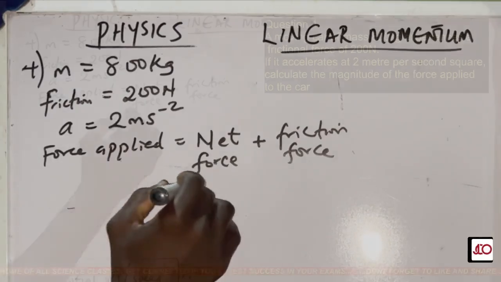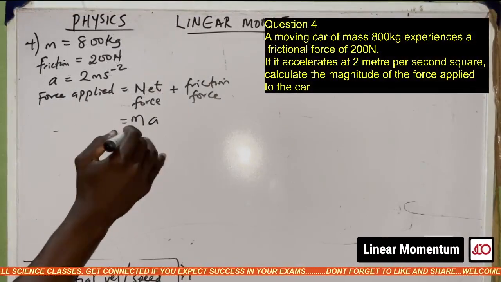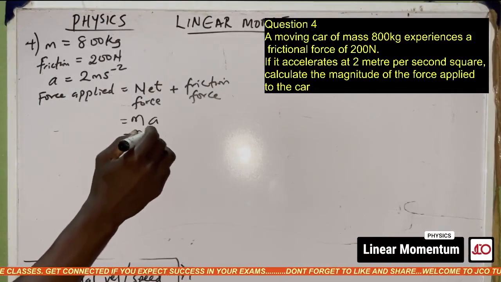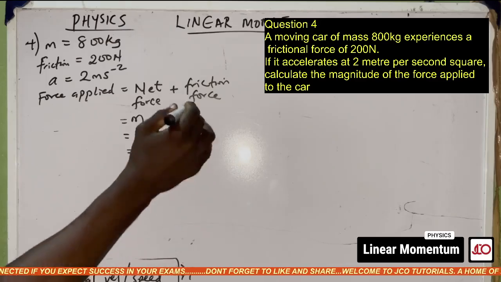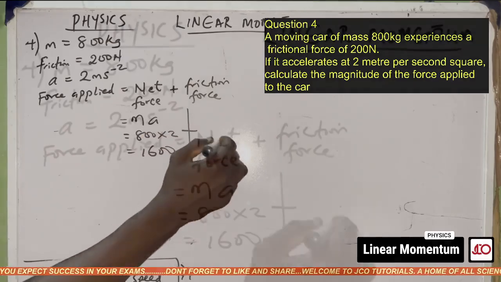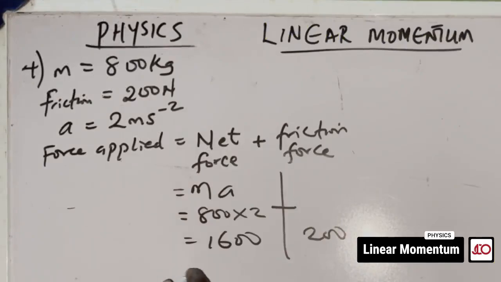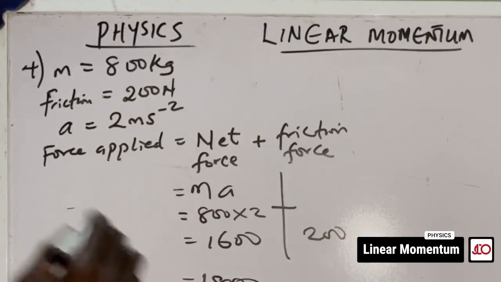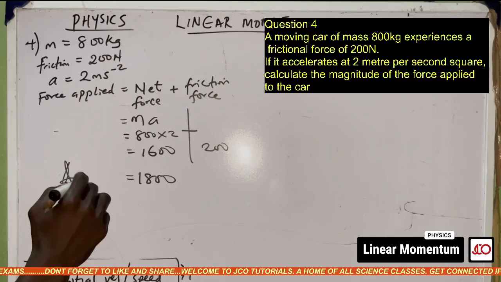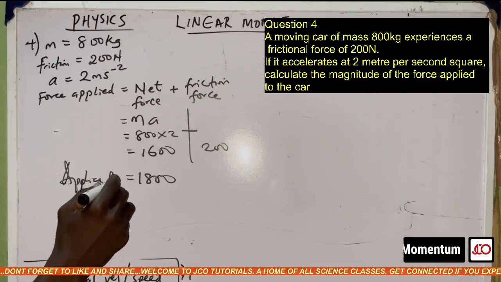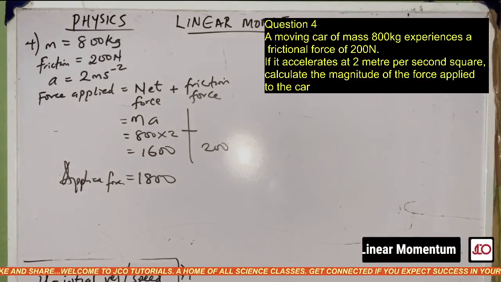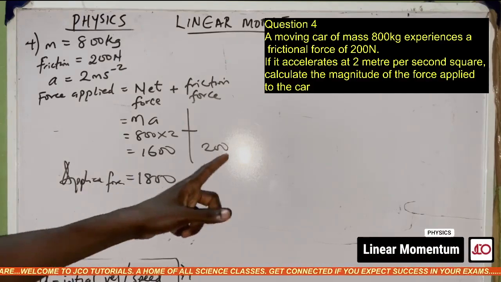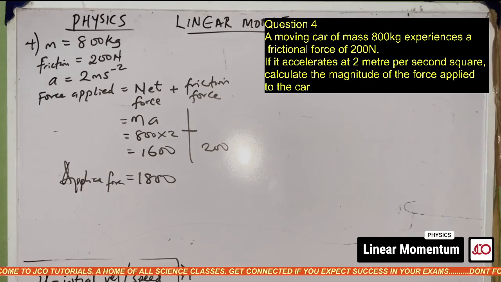This force is mass times acceleration, which is 800 times 2. That's 1600, plus my 200 that is friction, gives me 1800 as my applied force. So he applied 1800 and was able to move with 1600, because 200 was cancelled out due to friction.